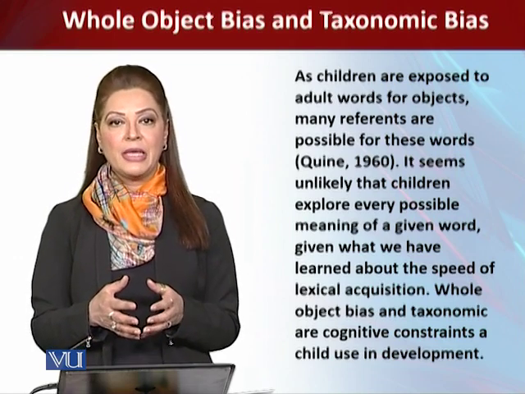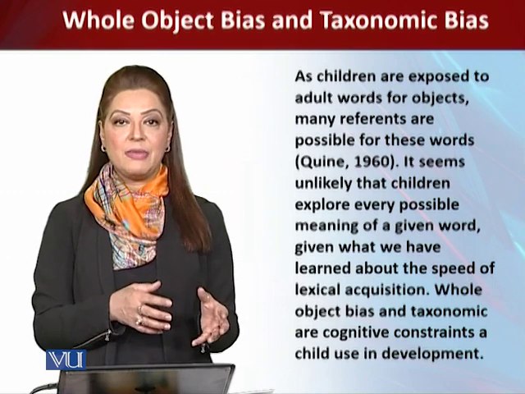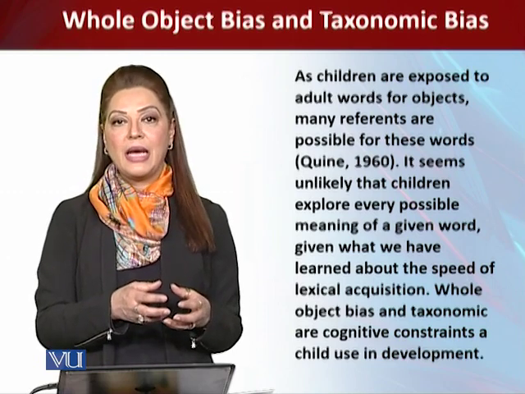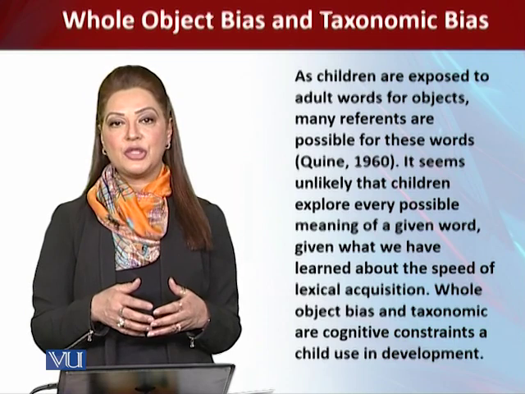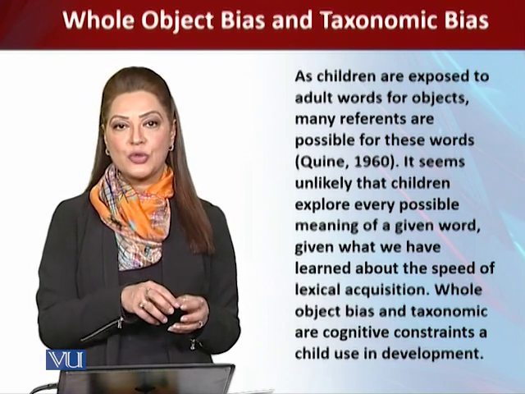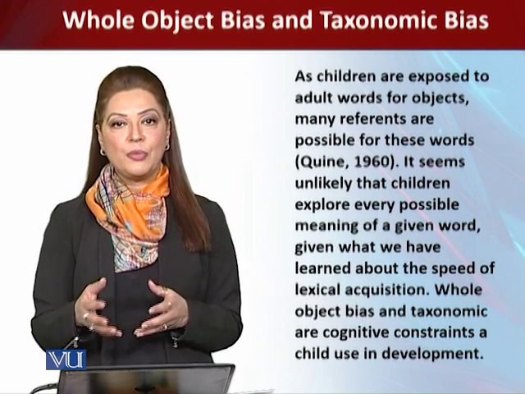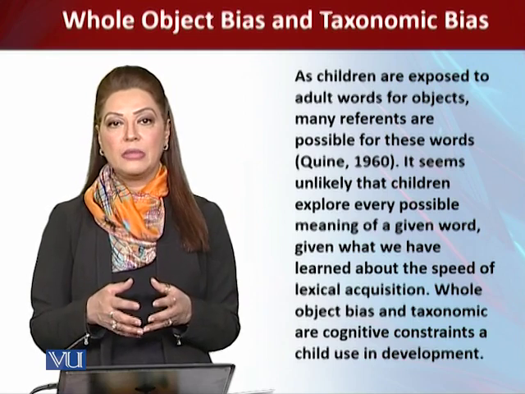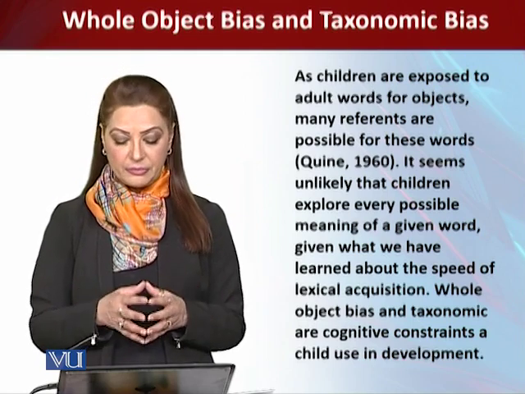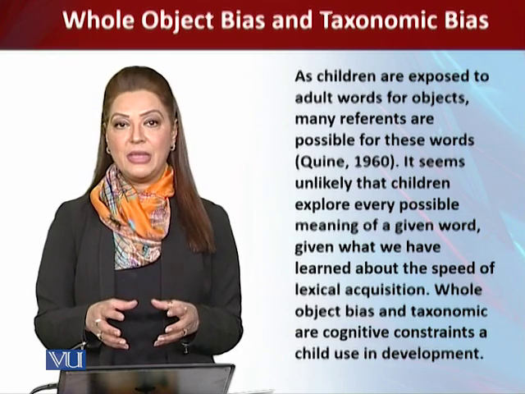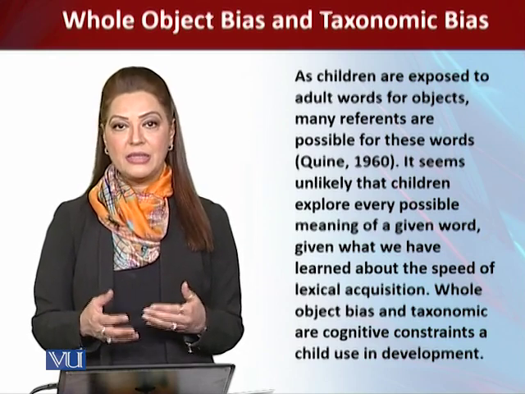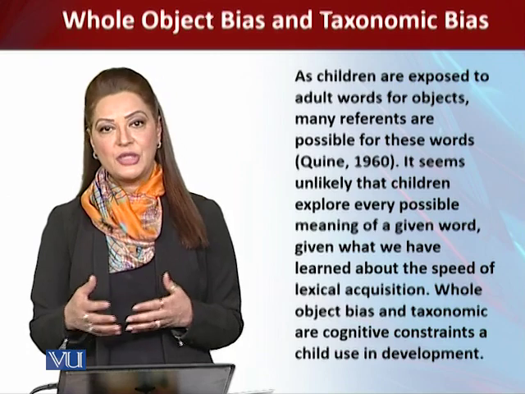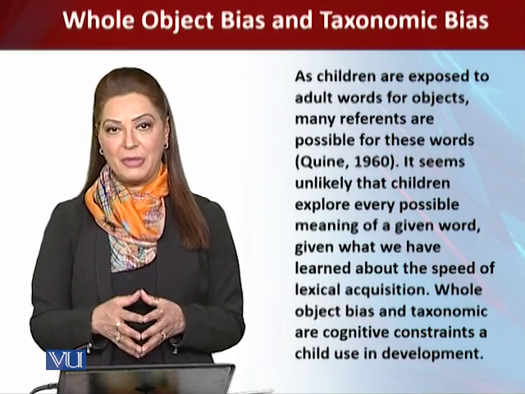For example, considering the same example of soup, in the taxonomic relationship the child would relate soup to maybe ice cream or pudding instead of a bowl or spoon. So these are some of the cognitive constraints in terms of whole object bias and taxonomic bias.